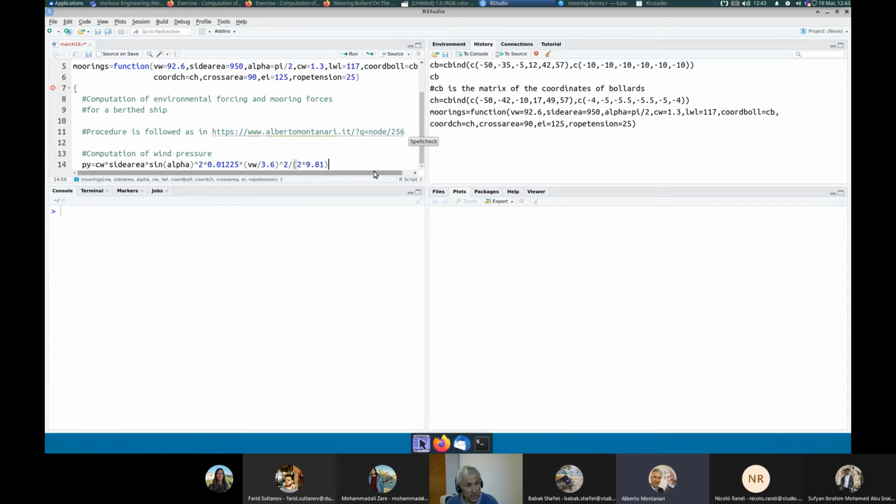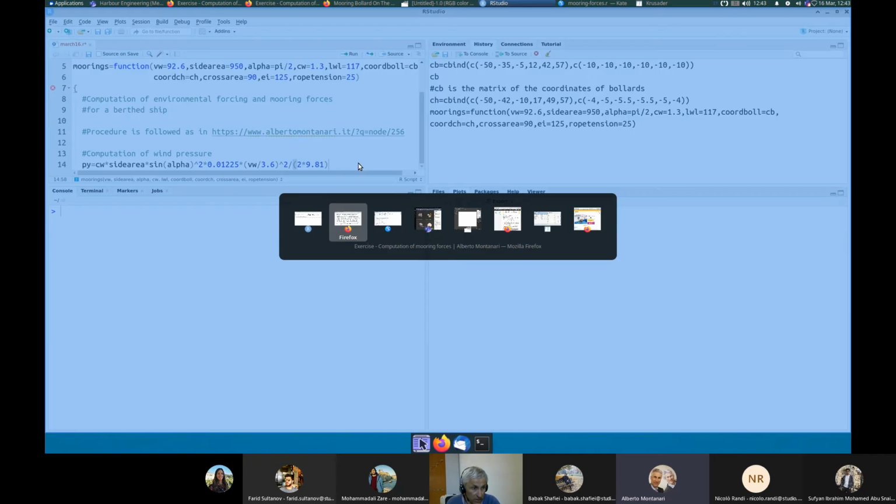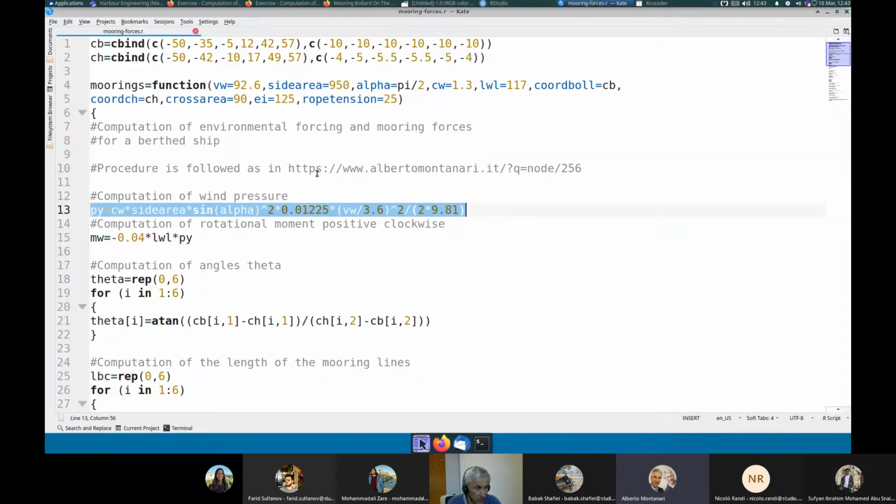Okay, very good. So this is the computation of the wind pressure again, and the computation has to be completed. I go to the code with the computation of the rotational moment. And this is a pressure. No, it's not a pressure, it's a wind forcing. So let's change it, because this is a forcing, not a pressure. It's already multiplied by the side area. Now let's compute the rotational moment.